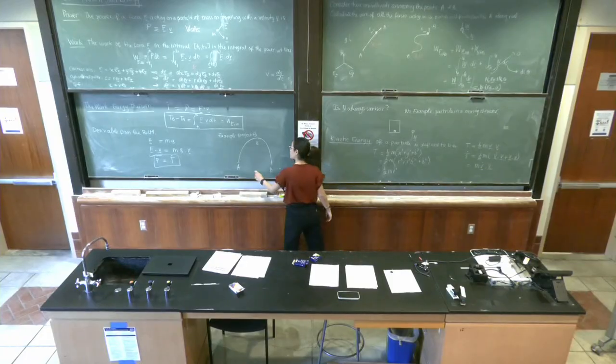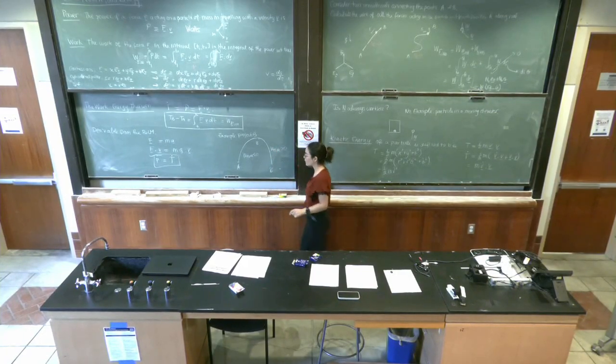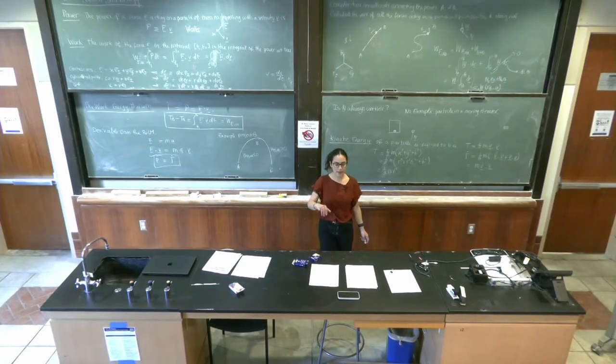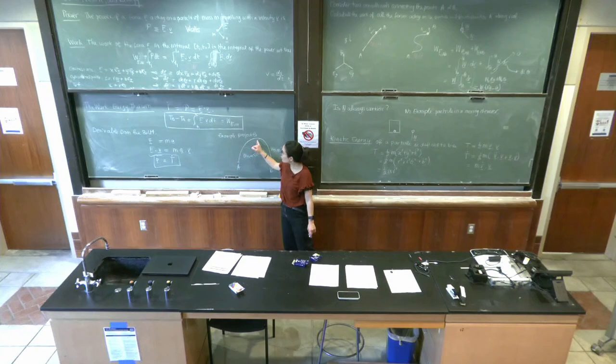The work of the weight from A to B is negative, whereas the work of the weight from B to C is positive. So what is happening to the kinetic energy of the particle as it goes from A to B?